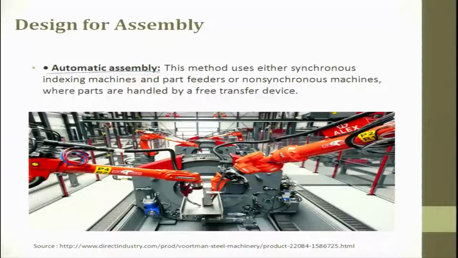This method uses either synchronous indexing machines and a part feeder, or non-synchronous machines where parts are handled by a free transfer device. So, we have said synchronous and asynchronous machines. Synchronous machines are, suppose there are 3 machines.